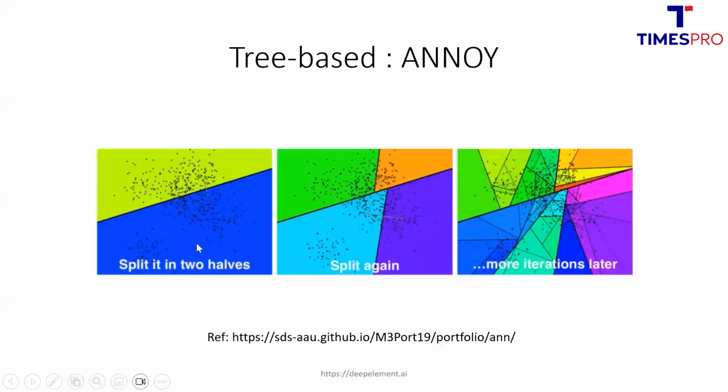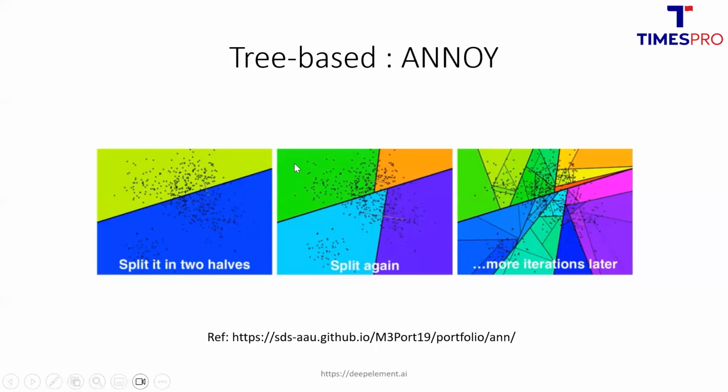Now you take this yellow region and repeat the same process. Basically, you pick 2 points randomly, you build a hyperplane, and that hyperplane splits the region into two parts. All the points falling on one side form one subnode, and all the points falling on the other side form the other subnode.